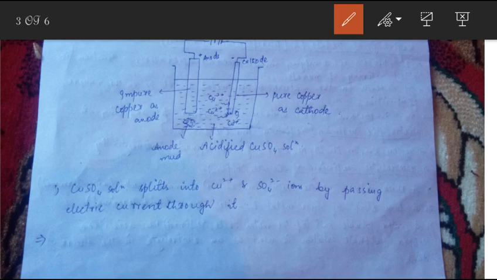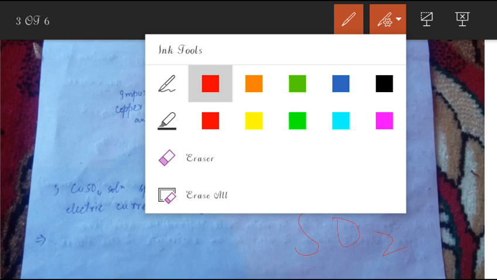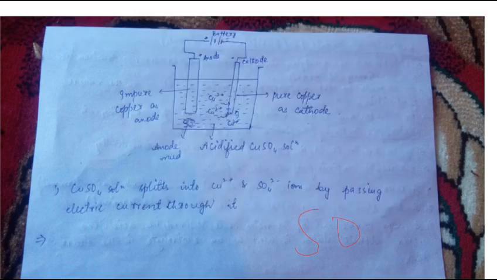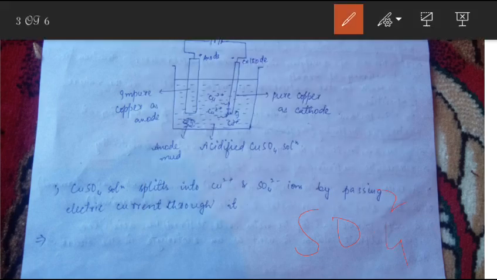The highly reactive impurities, as you know this solution contains sulfate ion, will react with this sulfate ion and form compounds in this electrolytic tank. The less reactive impurities, for instance gold and silver, will be collected at the bottom of the anode, and that is called anode mud.